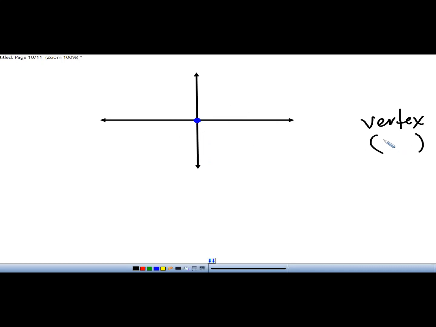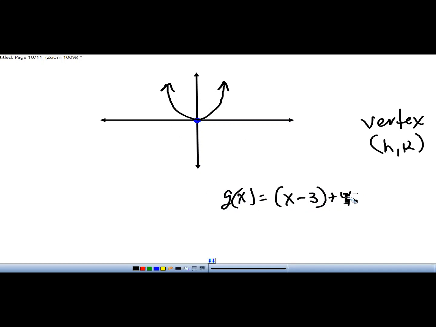And the vertex is known as h and k. So that means this point, 0, 0, is also known as what? h and k. If I was to give you the function of a quadratic, such as that, and then I gave you the transformation of x minus 3 and then plus 4, by looking at it, we would say that h is 3 and k is 4.